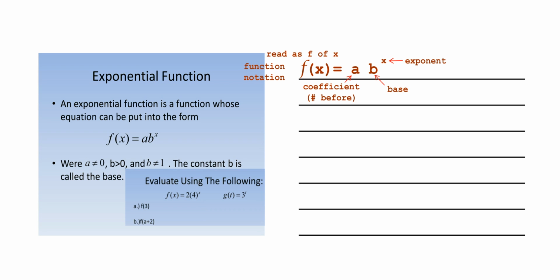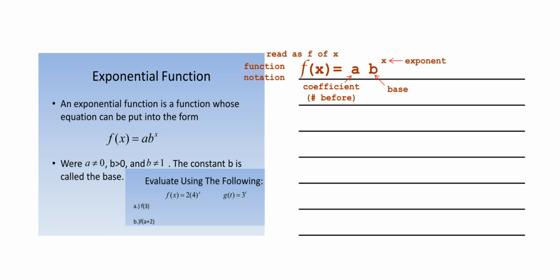And let's evaluate using the following. So we have two equation statements there. f of x equals 2 times 4 raised to the power of x, and g of t equals 3 to the t. For the first case, a, it asks for f of 3.